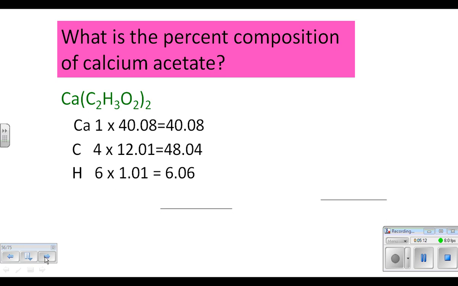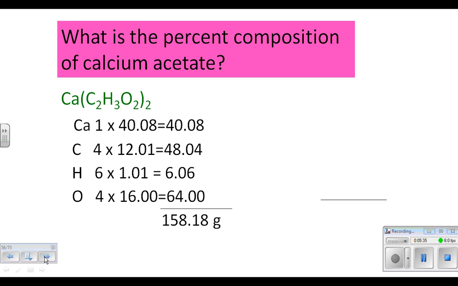And then I would do 4 oxygens times 16, which would give me 64 grams. What I'm doing right here is just finding the molar mass. So now I'm going to add all those up. And when I add 40.08 and 48.04 and 6.06 and 64, I get 158.18 grams.